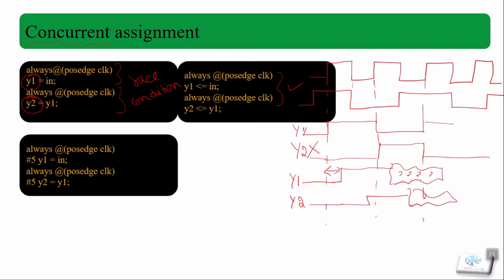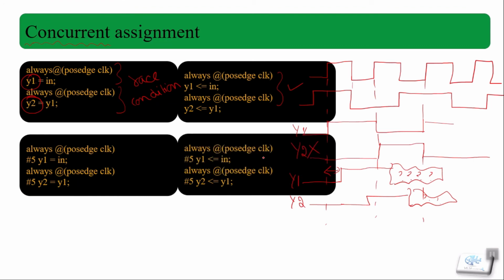And for our non-blocking assignment statement, simply our Y1 gets shifted by 5 and it goes up here, and again it causes an error, because what we expected is that we want the output to be 0, but what we get is a high output.